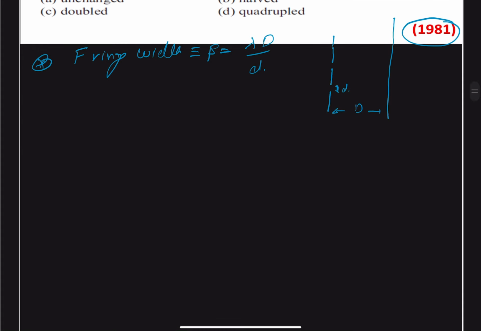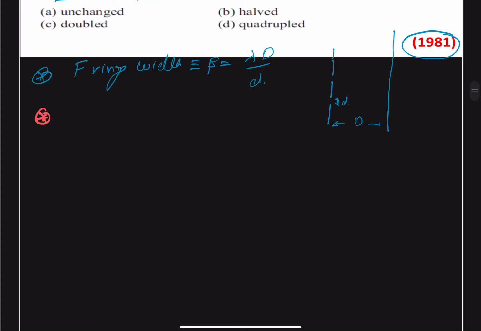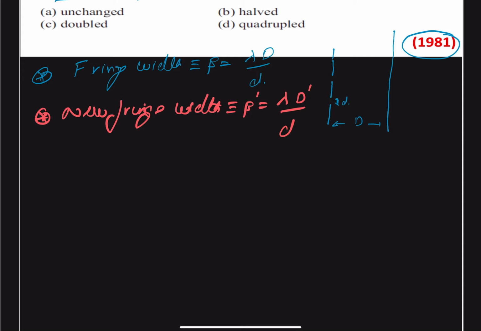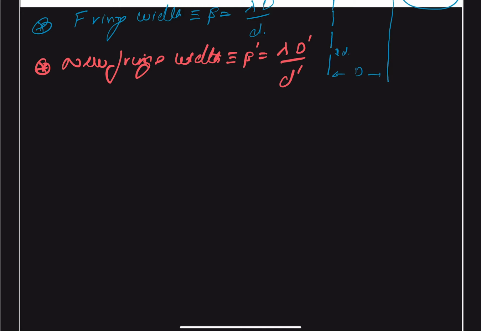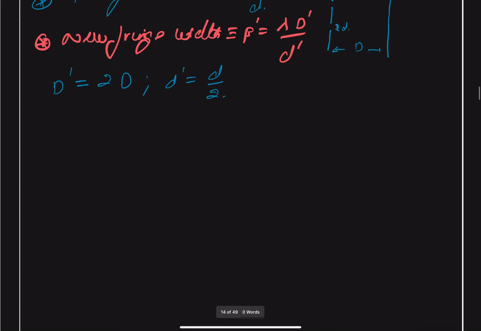So let us say that new fringe width is represented as beta prime, this will be equal to lambda D prime divided by small d prime, and this capital D prime is equal to twice of original distance, and small d prime will be equal to half of original distance. Okay.